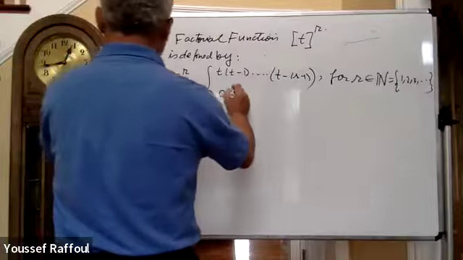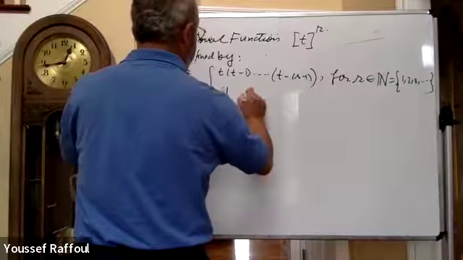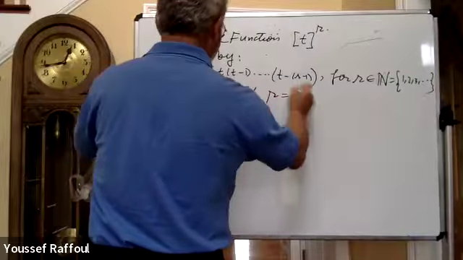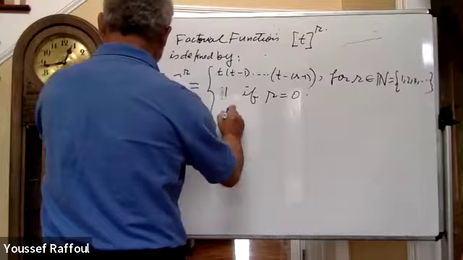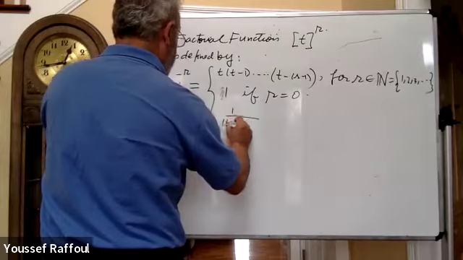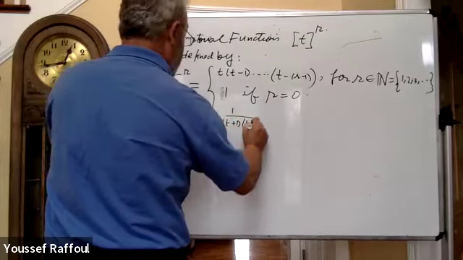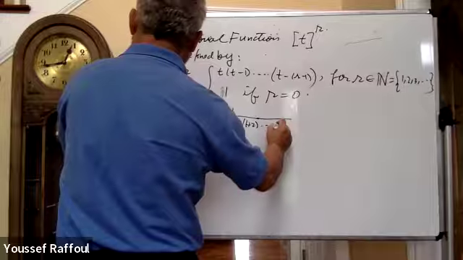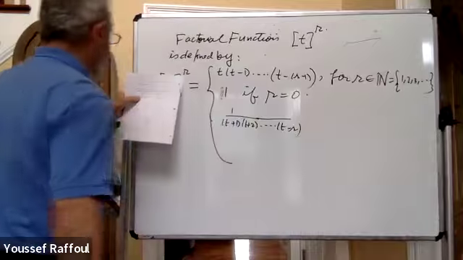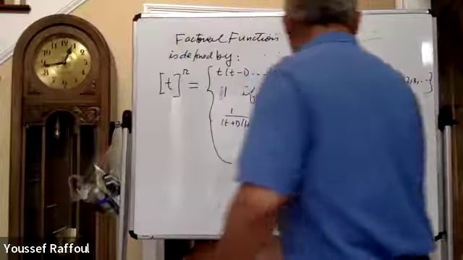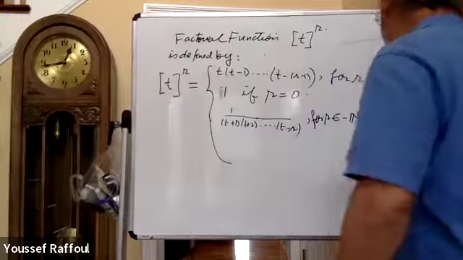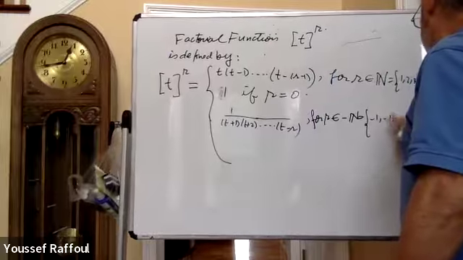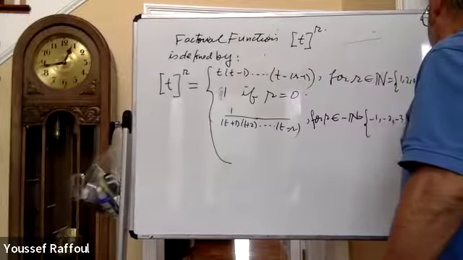And for 0, actually, it's supposed to be 1 if r is equal to 0. And it is 1 over t plus 1, t plus 2, up to t minus r, for r belonging to minus N, which is minus 1, minus 2, minus 3, and so forth.